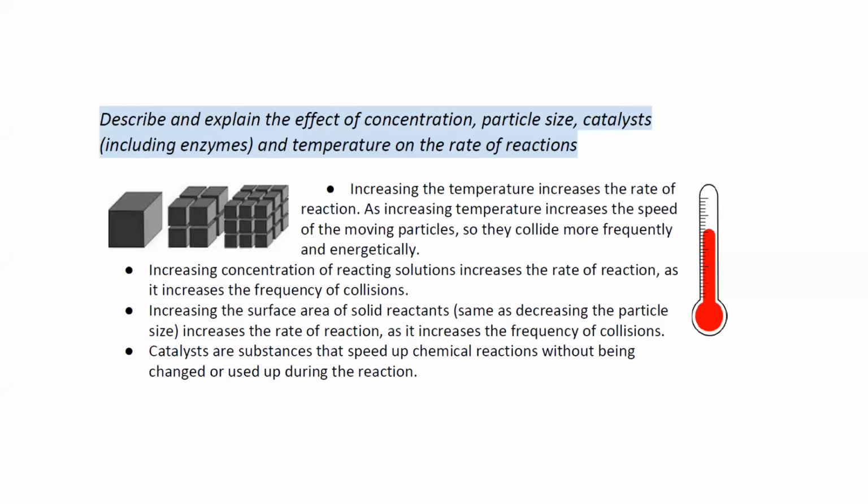So the factors which were affecting the speed or the rate of the reaction, the first one we were discussing is the concentration, which also refers to the amount of particles in a unit space.